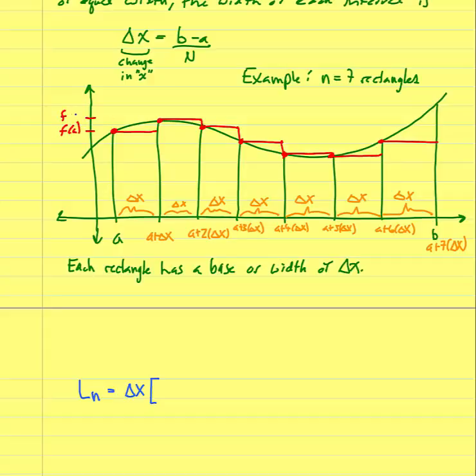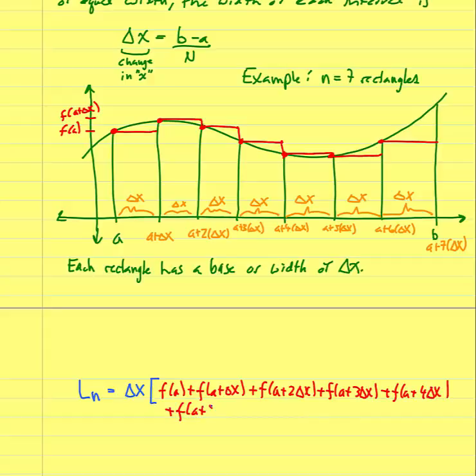This is f of a plus delta x, etc. So this is f of a plus f of a plus delta x plus f of a plus 2 delta x plus f of a plus 3 delta x plus f of a plus 4 delta x plus f of a plus 5 delta x plus f of a plus 6 delta x.